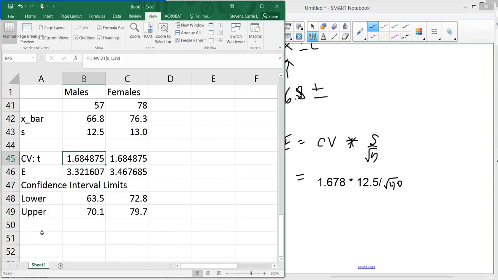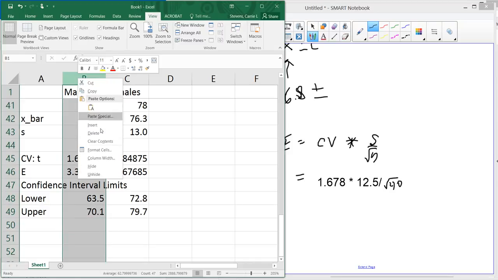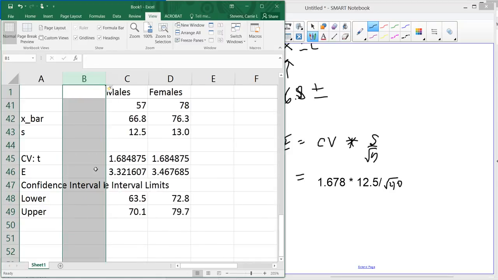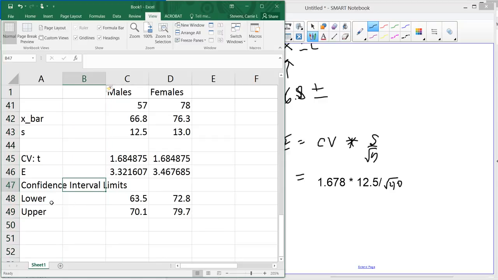And so let me use my calculator over here. I'm going to use Excel as a calculator and see if I get the same result as I got in this step. I want to do the males again using the table and see if I get the same result.